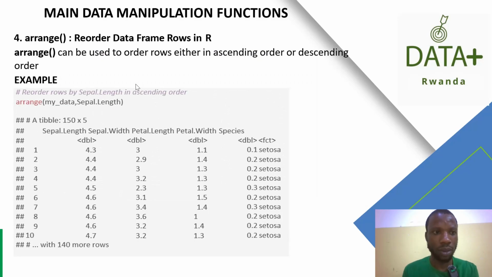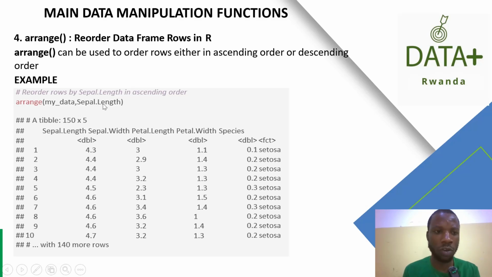And we are arranging the variables, like order by ascending or descending. You are trying to arrange the observations by ascending or descending. What we do is arrange, and then we put the name of the data set, and then we specify the variables we want to make the arrangement of the data set based on. By default, if we use arrange, it is going to arrange as ascending, from the lowest to the highest.